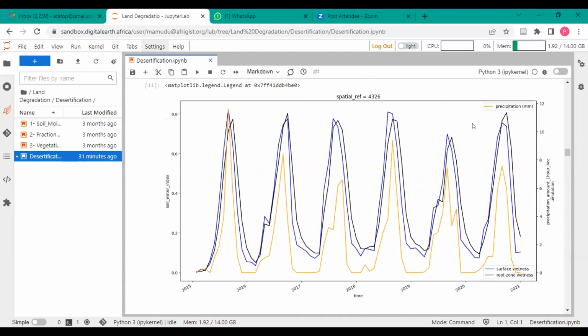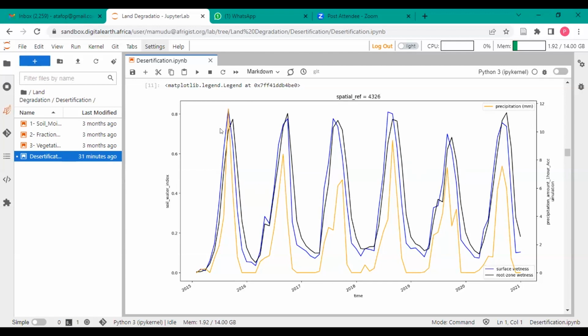Now, we can see that the precipitation, which is given by the brown colored line, though it was lowest in between 2017 and 2018, did not too much affect the root zone and soil moisture in that period. But 2020, that had the least soil moisture and root zone, also had a minimal amount of rainfall.